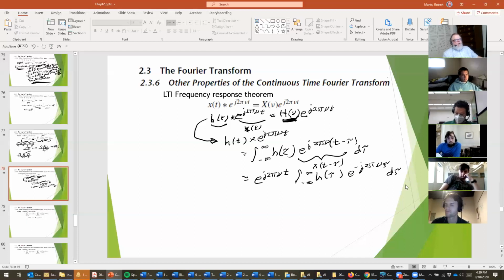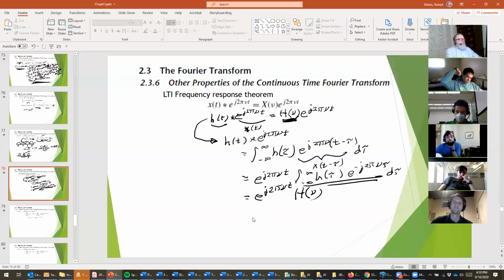We can suck out part of the exponential, and lo and behold, yes, indeed, we get the same frequency out, except its magnitude and its phase is determined by this thing, which you'll notice is the Fourier transform evaluated at the frequency nu. So this is the frequency response.